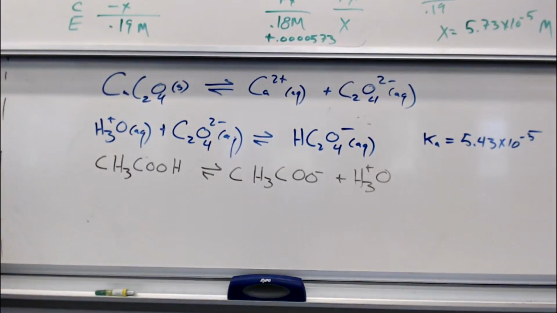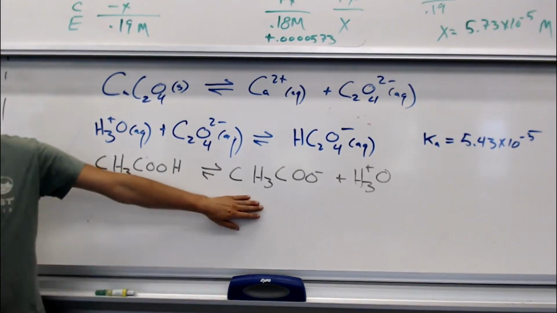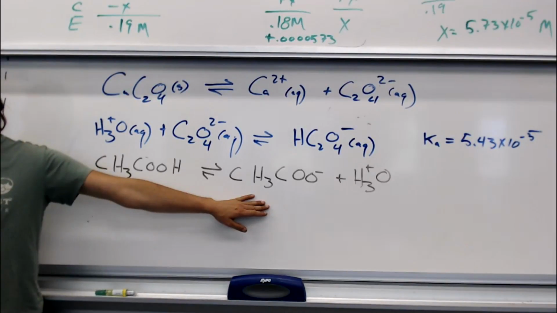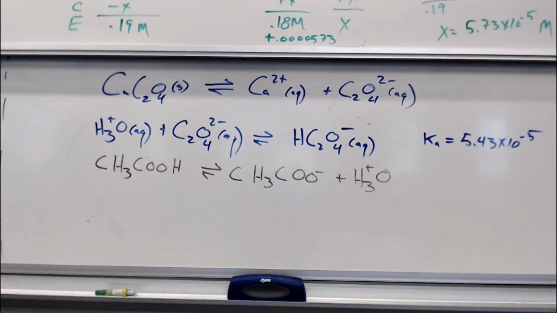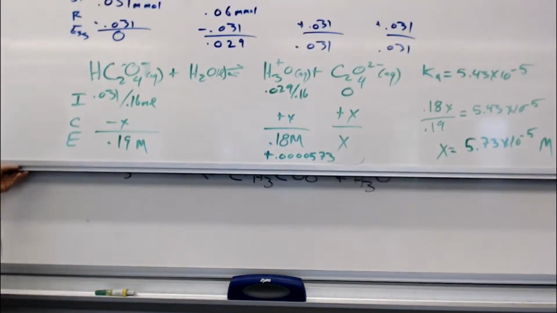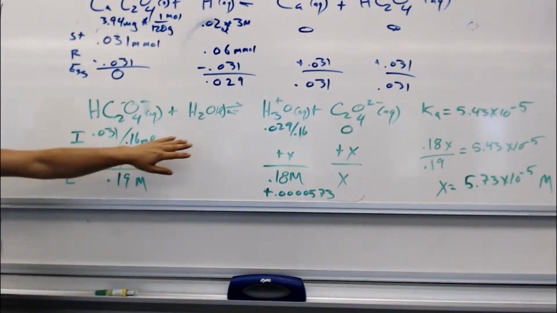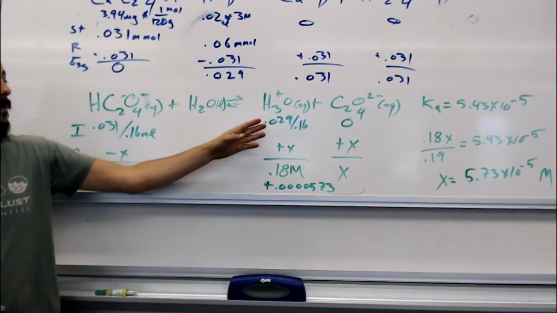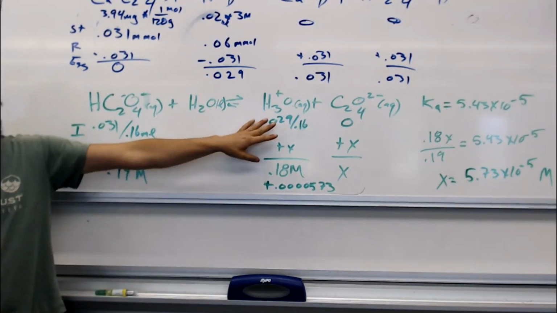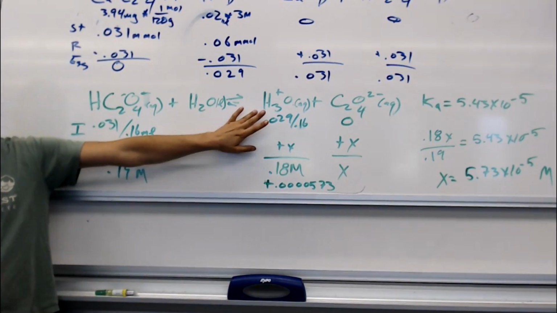When acetic acid dissolves in water, it does not just put H plus into solution. It also puts acetate anion into solution. That's really important. Because remember, the entire premise of this equilibrium is that oxalate is in equilibrium with the protonated oxalate, and the deprotonated oxalate will take up the H plus.